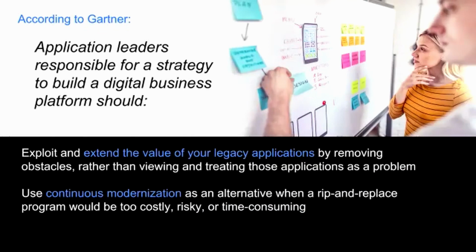Extending the value of legacy applications has a lot of benefit when you've got very large application portfolios, as we often have in CICS. And continuous modernization, so working on things in a stepwise modular manner, is a lot lower risk and can achieve faster benefits than a rip and replace. So that's a couple of views from industry analysts.